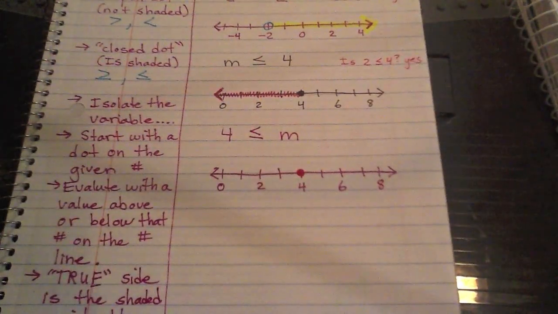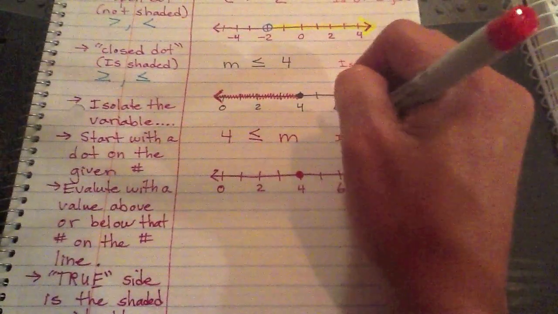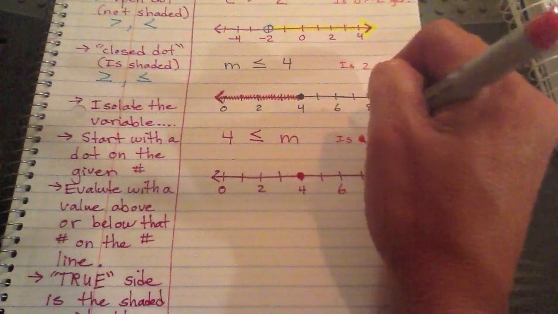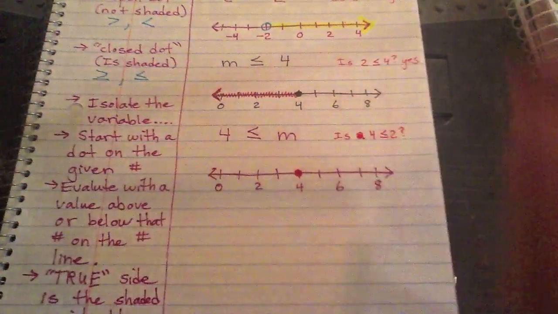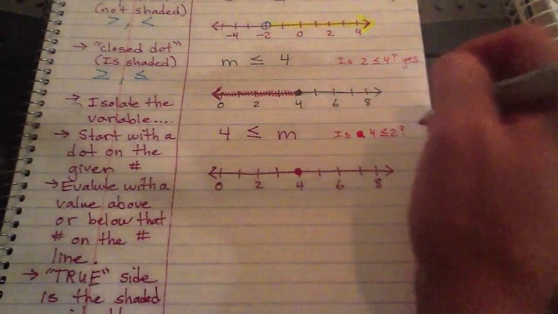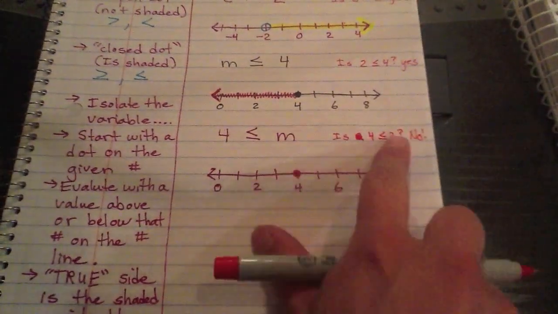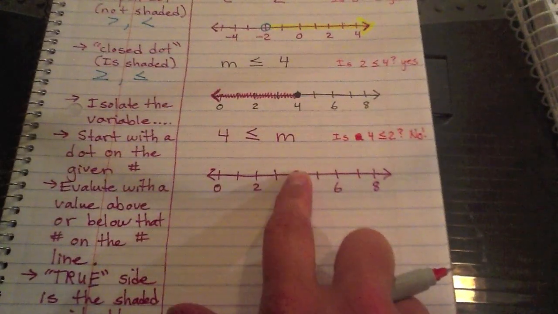But now let's try that 2 again and see what happens. Is 4 less than or equal to 2? No, it's not. So in this case, this 2 I plugged in does not work. So this is my no side.